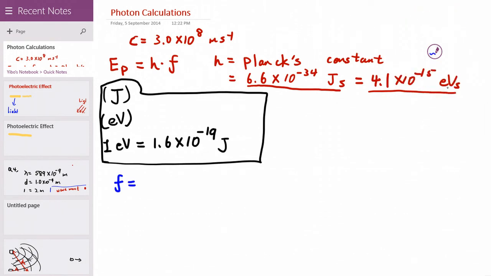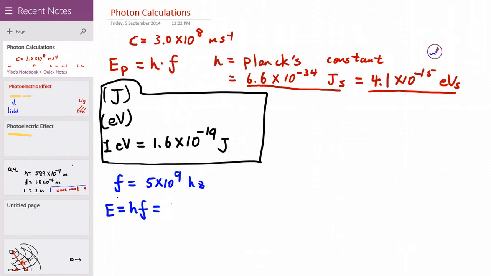Say I have a frequency of, let's say, 5 times 10 power of 9 hertz. I have a radiation of this frequency, and if I want to find the energy carried by each small photon of a radiation of that frequency, I use the equation E equals hf.